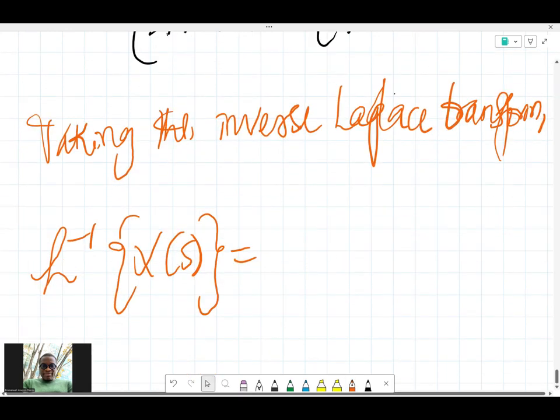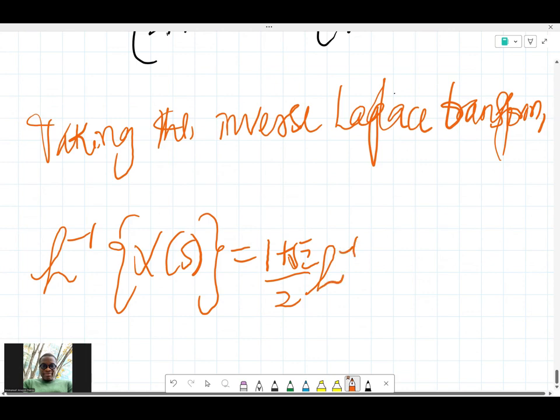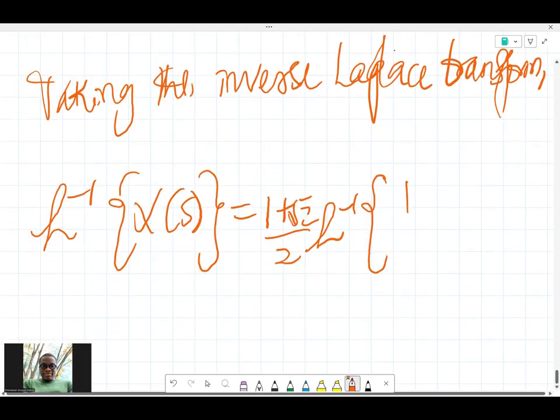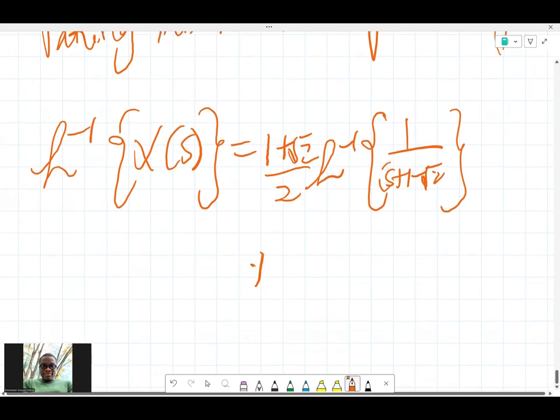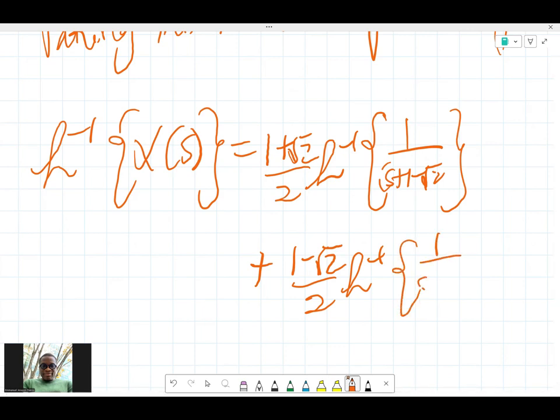And on the other hand, we can just have 1 plus root 2 all over 2 inverse Laplace of 1 over s plus 1 minus root 2, then plus 1 minus root 2 over 2 the inverse Laplace of 1 over s plus 1 plus root 2.